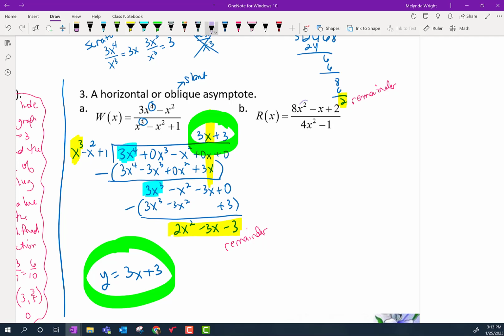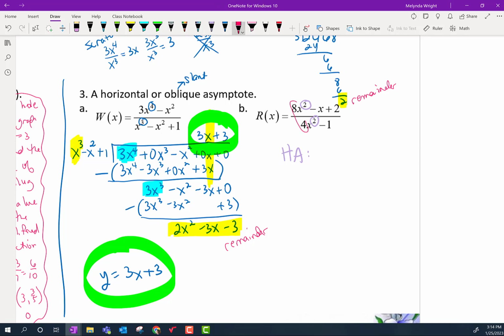Let's look and see what's happening. I've got a squared, that's the degree of my numerator, and a squared in the denominator. They match. Am I going to have a slant or a horizontal? I'm going to have a horizontal asymptote. And if they match, how do I find the horizontal asymptote?